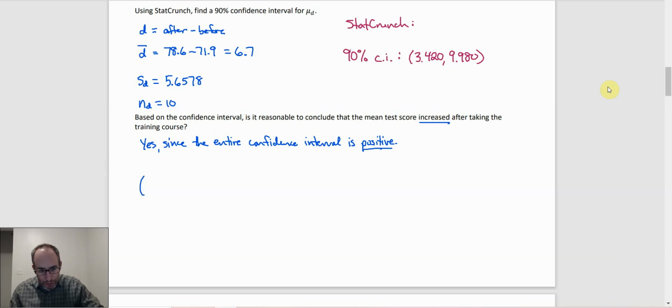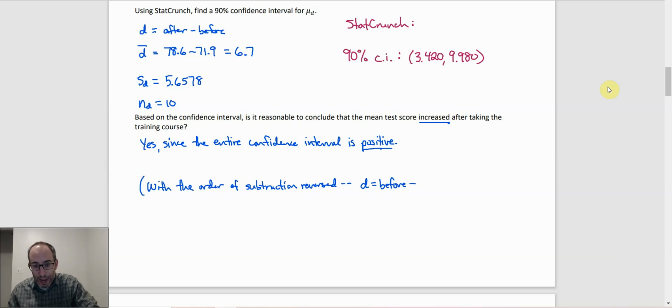So with the order of subtraction reversed, that would be like if we said that D equals before minus after, which you can do. There's nothing wrong with that. It's another option.